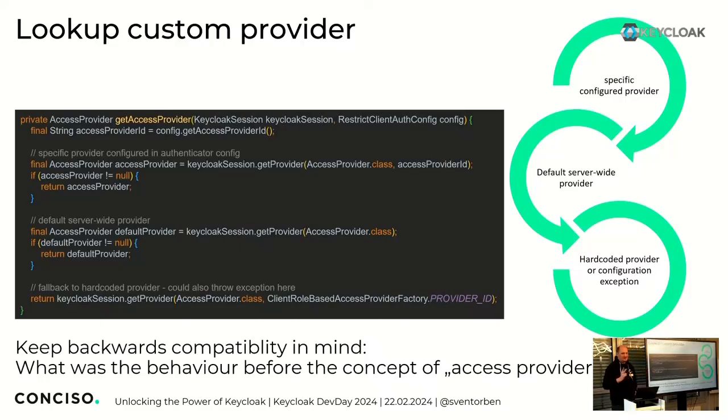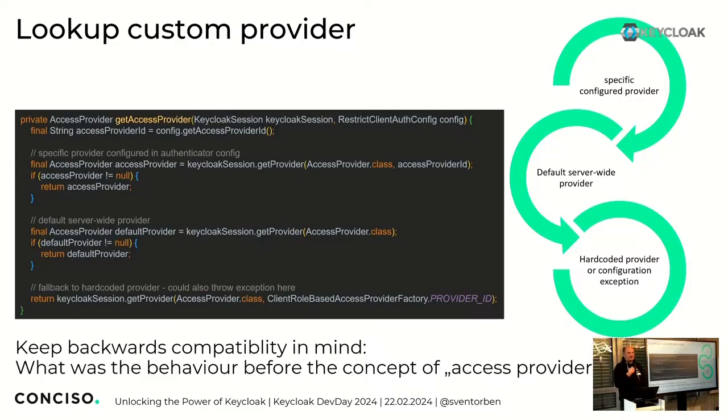That basically depends a bit on what situation you are in. For example, when I built this Keycloak restrict client auth extension, I initially only offered role-based access control. So there basically was no extension point. It's just role-based access control. Now people are using this extension, and I introduced a new feature like policy-based access control and this extension point.